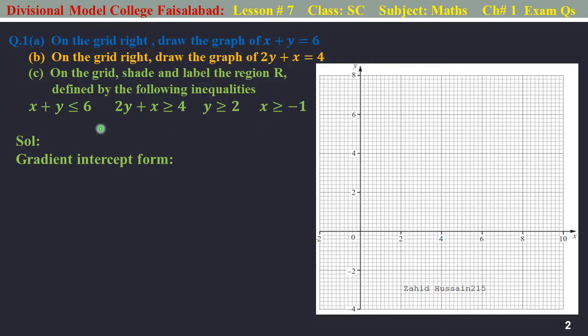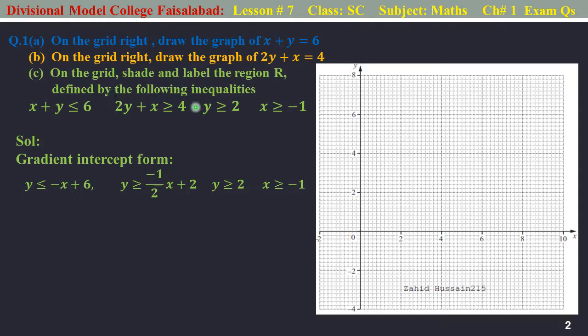The gradient intercept form of this inequality or this equation is y is less than or equal to minus x plus 6. If you write this equation in gradient intercept form, it will give you y is equal to minus x plus 6, which is the same as this one.